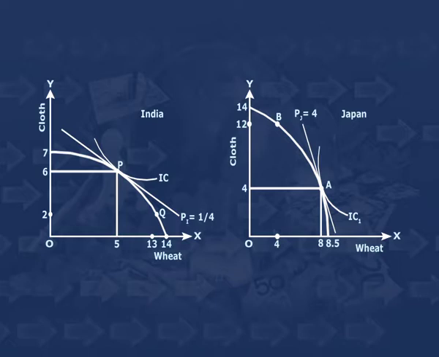We can say that Japan produces and consumes at point A. The equilibrium relative price of wheat is given by the slope of the common tangent to its production possibility frontier and the indifference curve IC1 at point A, that is Pj is equal to 4. Here the relative price of wheat is lower in India than in Japan. Therefore, India has a comparative advantage in the production of wheat and Japan has a comparative advantage in the production of cloth.